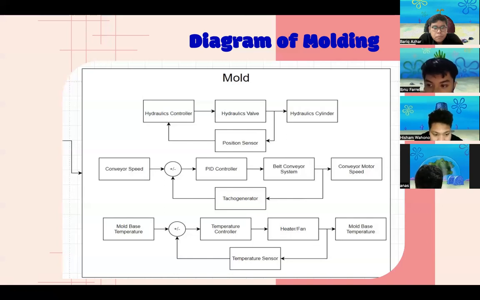The third controller is a mold-based temperature controller, a closed loop controller, since we have to know at all times how much the temperature on the molding base is. So it controls a heater or a fan, and the output is the molding base temperature.